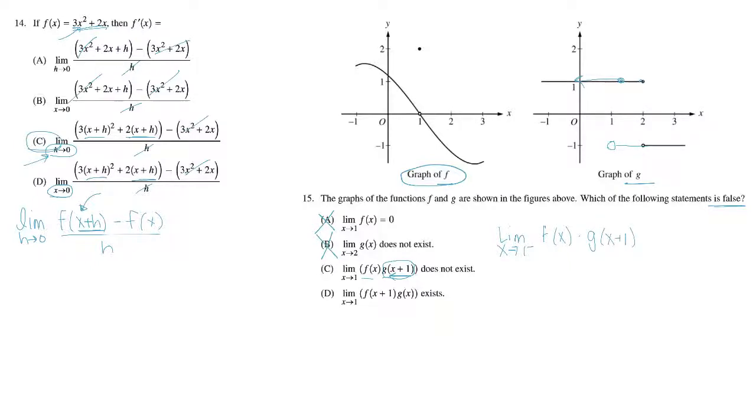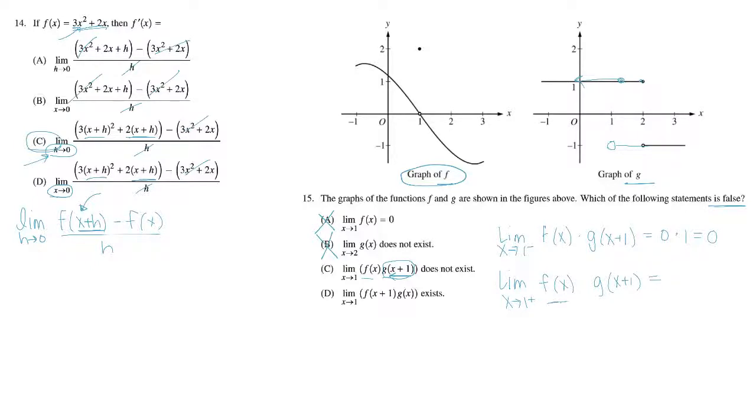Well, if we look at here from the left part, we see that the f of x part is going to be 0 times, and then from the left side of our g of x is going to be 1. So the value is 0. And very similar, if we look on the other side of 1, if we approach this from the right side, well, again, notice what happens.